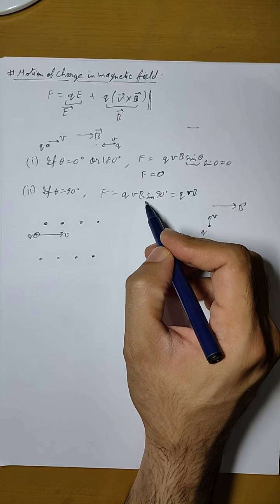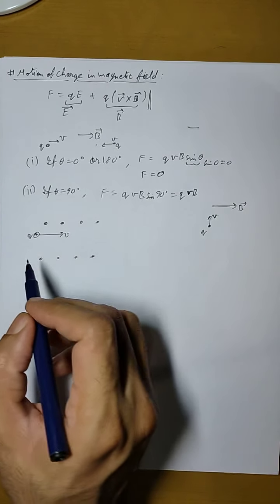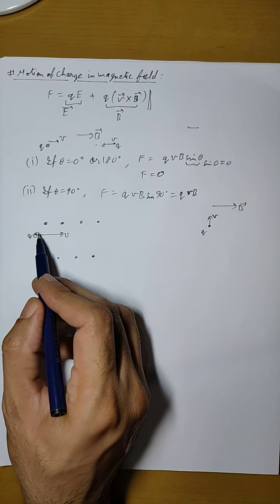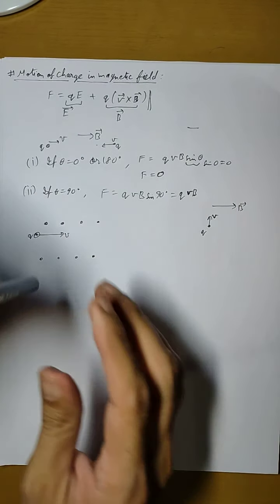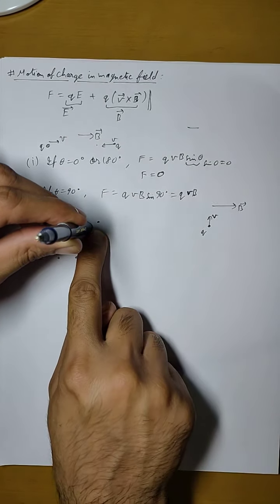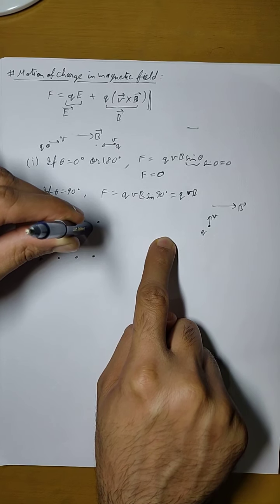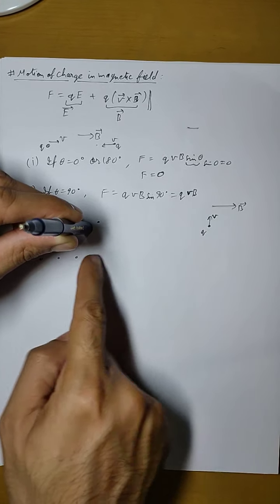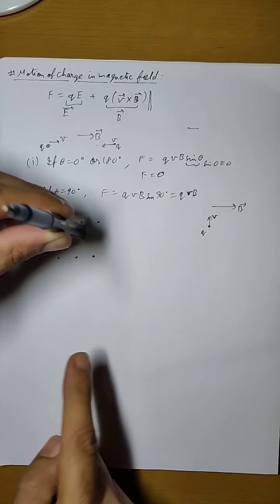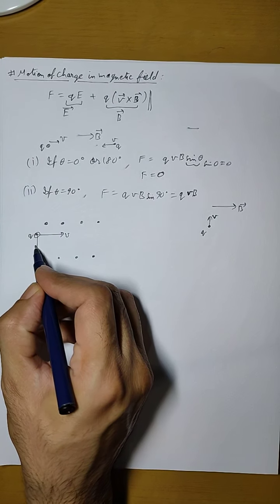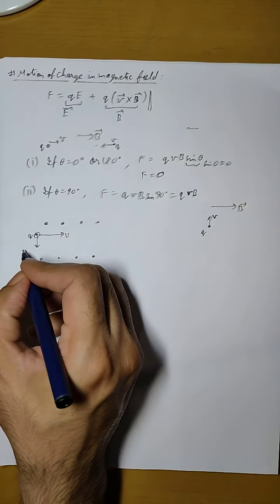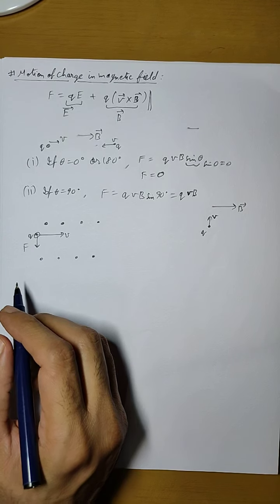If we apply the right hand rule of vector product here, then the direction of force will be perpendicular to both B and V. So if B is like this, V is in this direction, that means the direction perpendicular to both of these is this direction. So the force will be applied in this direction. This is the direction of Lorentz force.